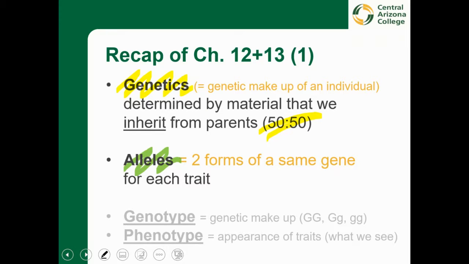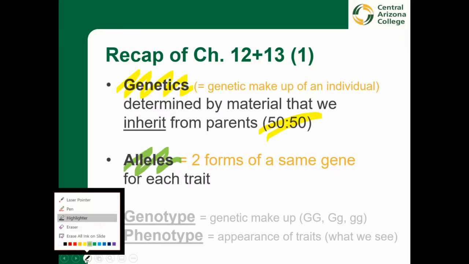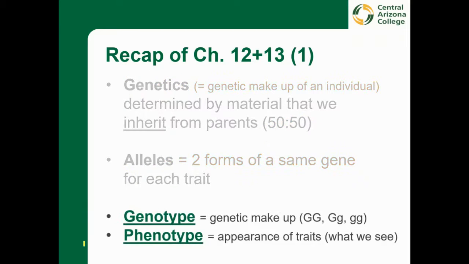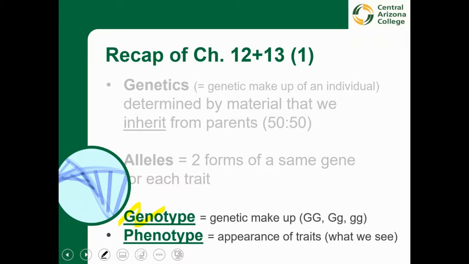A couple of other important terms that I want us to discuss. So we mentioned the concept of genotype as the genetic makeup that you're made of. I've taken here one trait, and that trait is symbolized with the letter G. So you can have either 2 alleles that are both capital G, one capital G and one lowercase g, or 2 lowercase g's.